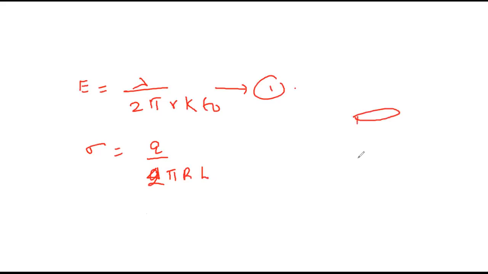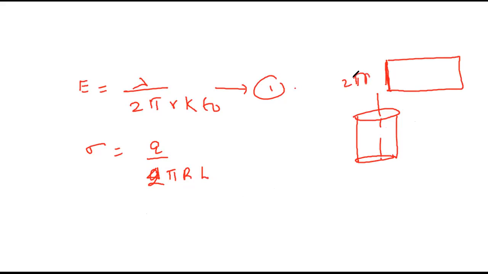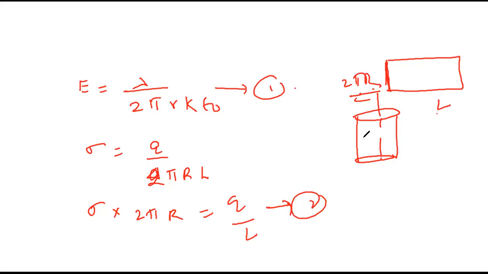When I cut it and spread it, it will become like this: this length is 2 pi R and this is length L. Curved surface area is 2 pi R into L. So sigma into 2 pi capital R is Q upon L. Earlier I had mistakenly written 2 pi R square.